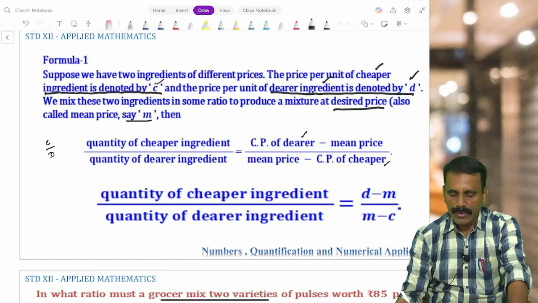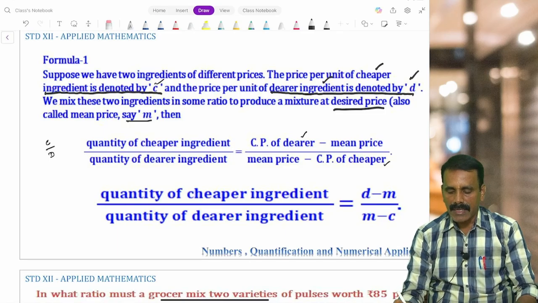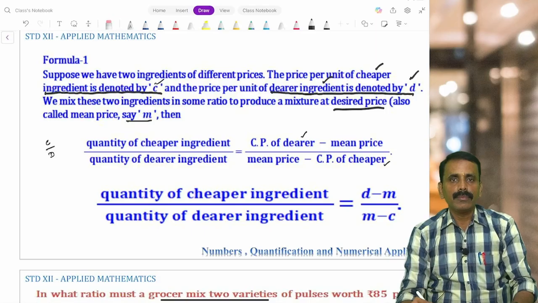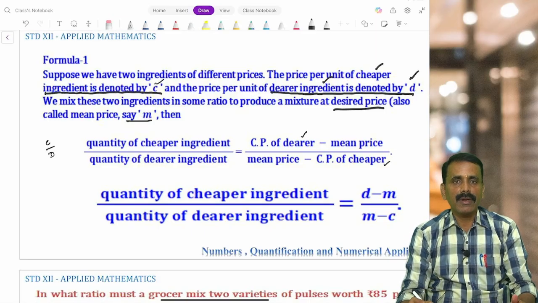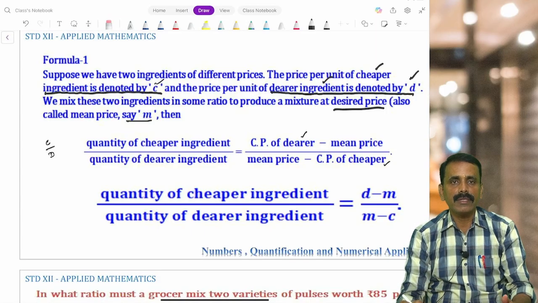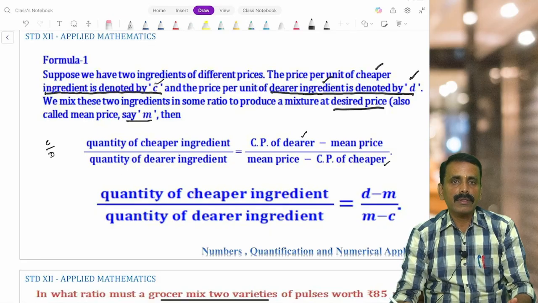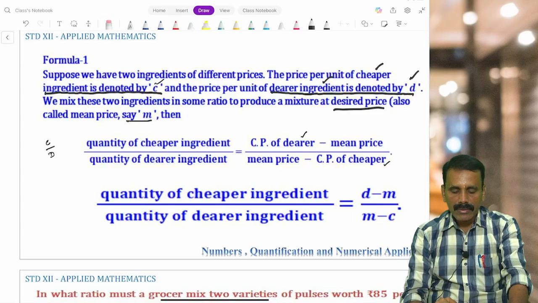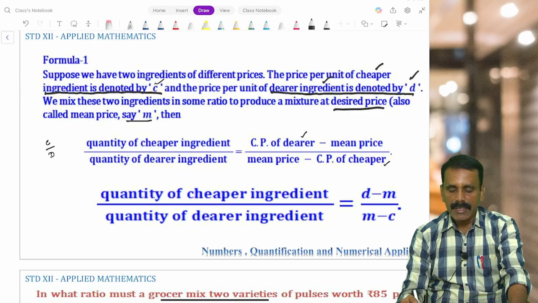This is the formula: D minus M by M minus C. So the ratio in which the cheaper one and the dearer one are to be mixed to get the mixture of the required cost is quantity of cheaper divided by quantity of dearer, which is D minus M by M minus C.